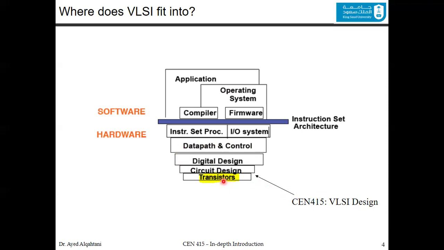This is a very low level, which is basically the simplest switches of the hardware, which represents either a 0 or a 1. So we will start from the transistor, and in your project, you will start building up to circuit design and digital design. This means that in your project, you will adopt a bottom to top approach.